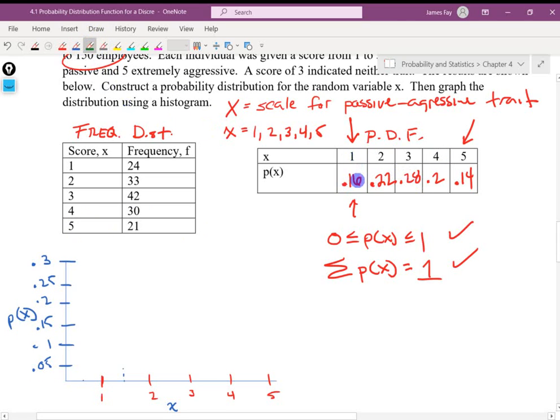So if I go to this 0.16, I'm going to guesstimate that height right there is 0.16, and we'll make my first bar for my histogram. A lot of times they'll call these bins. I don't know if we mentioned that when we were working on histograms. The next one at 2 is a height of 0.22, so maybe about right there.